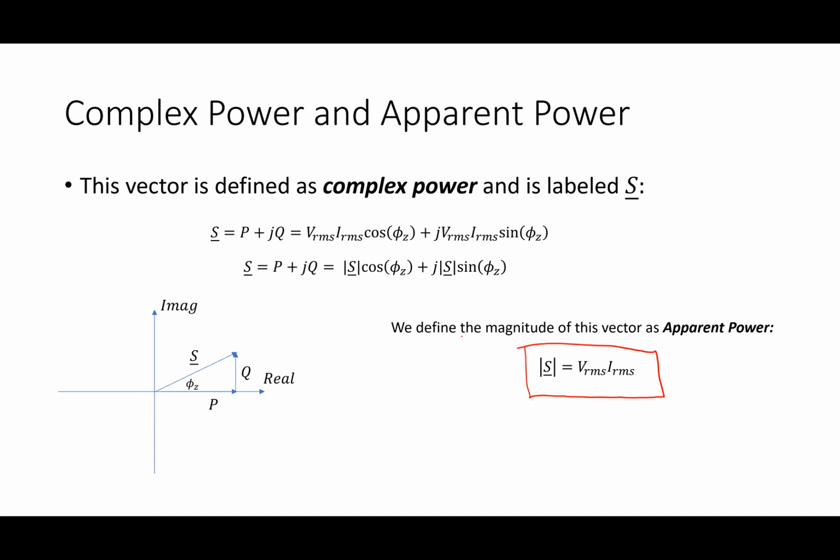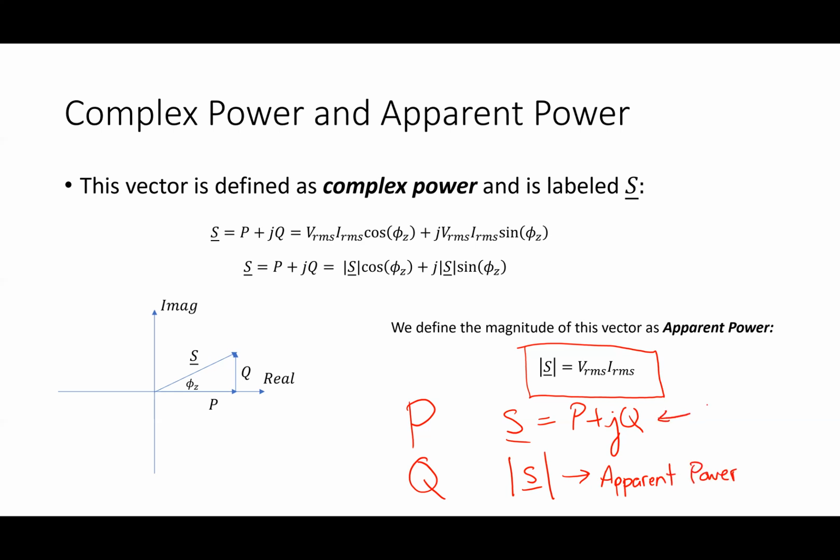So very quickly, we have now talked about P, Q, S. Complex power is P plus jQ, and the magnitude of S is apparent power. This is apparent power. This guy is complex power.